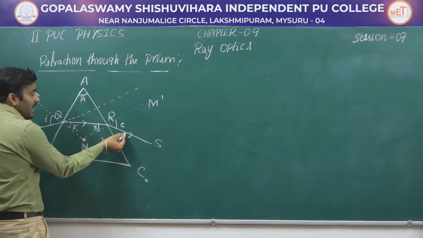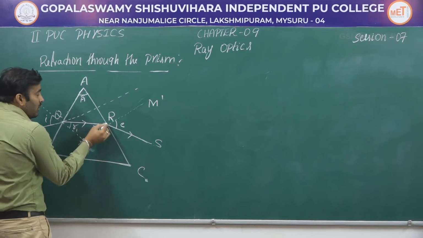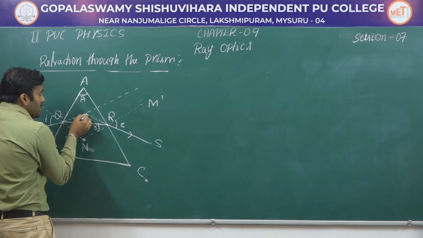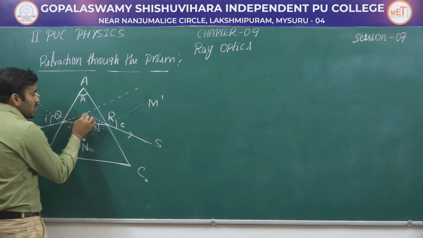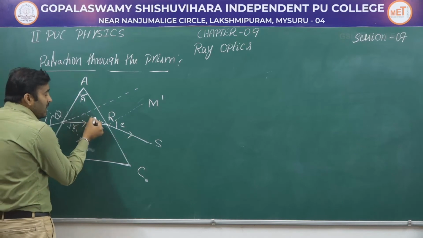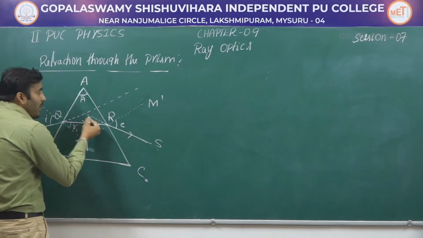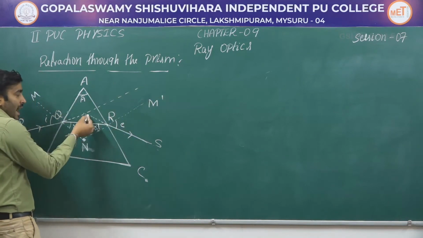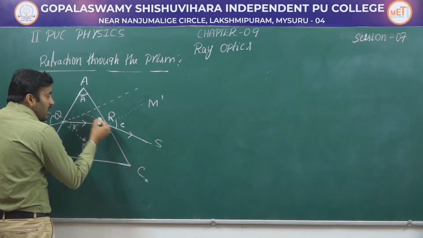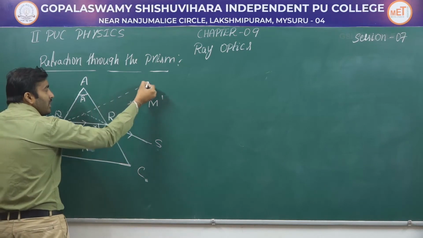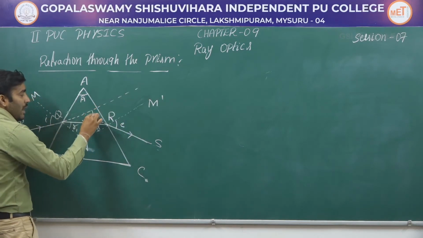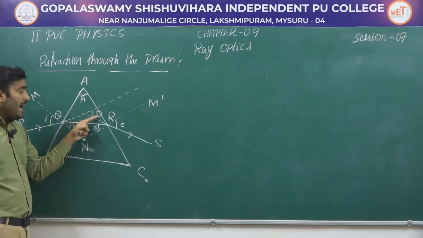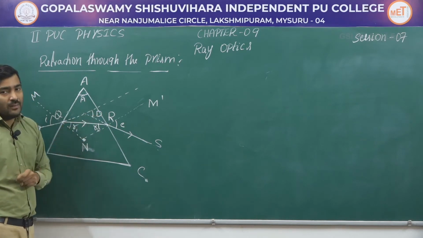So, if I retrace the path of the emergent ray, we will get somewhere here, correct? The angle made by the emergent ray with the actual direction of the incident light happens to be the deviation D. Okay, this is the angle of deviation D.